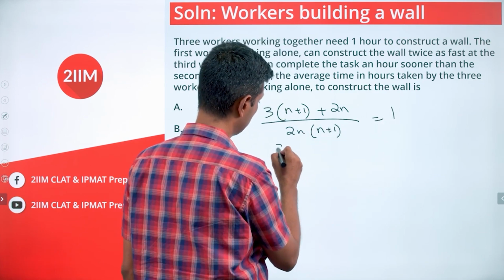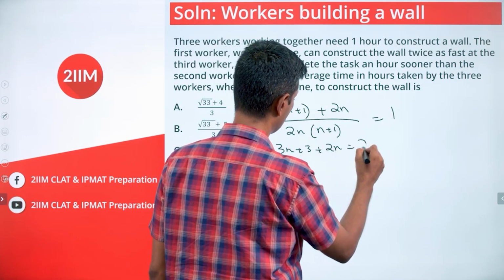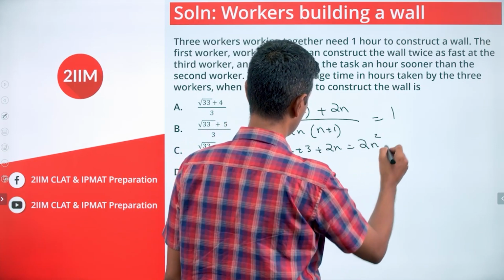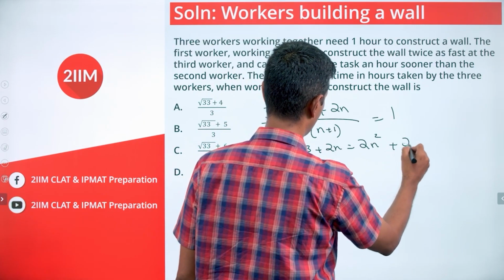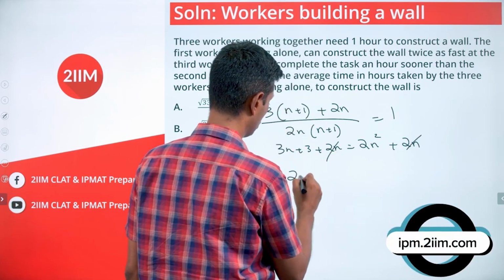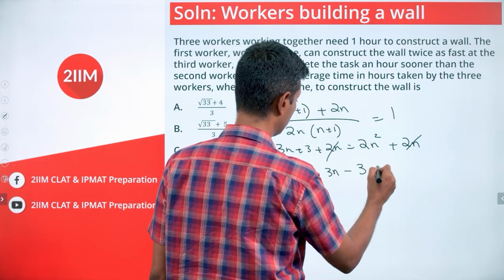Or 3n plus 3 plus 2n equals 2n square plus 2n. The 2n disappears. We have 2n square minus 3n minus 3 is equal to 0.